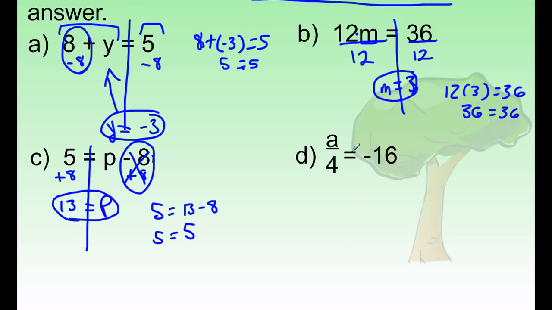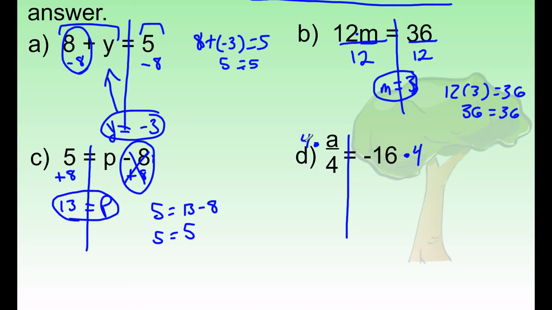All right, letter D. Draw a line, separate my two sides. My variable is being divided by 4. So the opposite of dividing by 4, the opposite of division, is multiplication. So if I multiply both sides by 4, times by 4, times by 4.